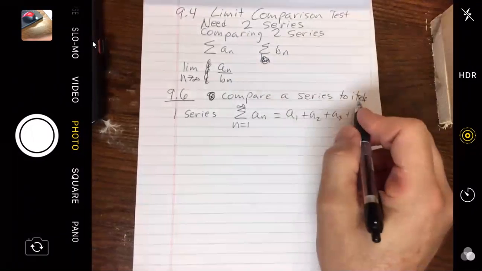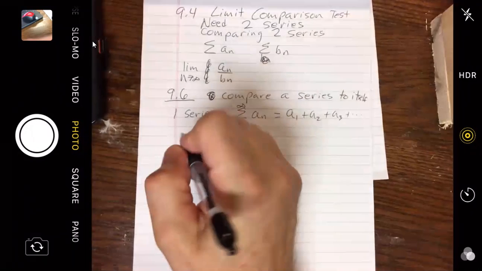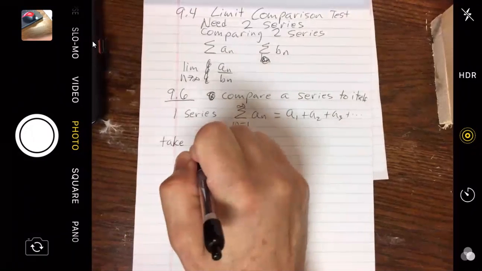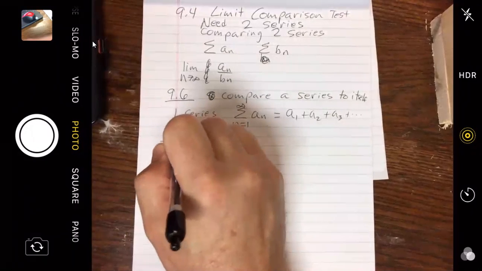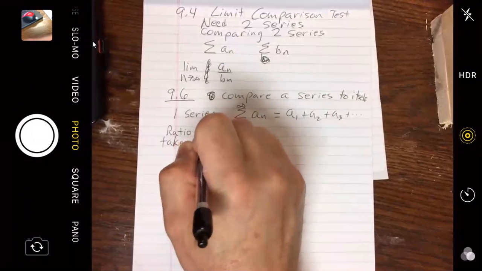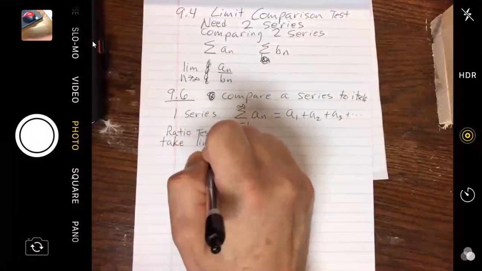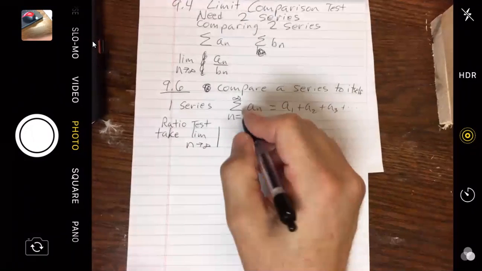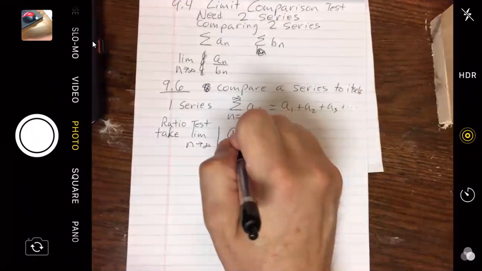By comparing it to itself, you're going to compare terms. This is called the ratio test. Take a limit as n goes to infinity. They use an absolute value to ignore any sign-switching terms.